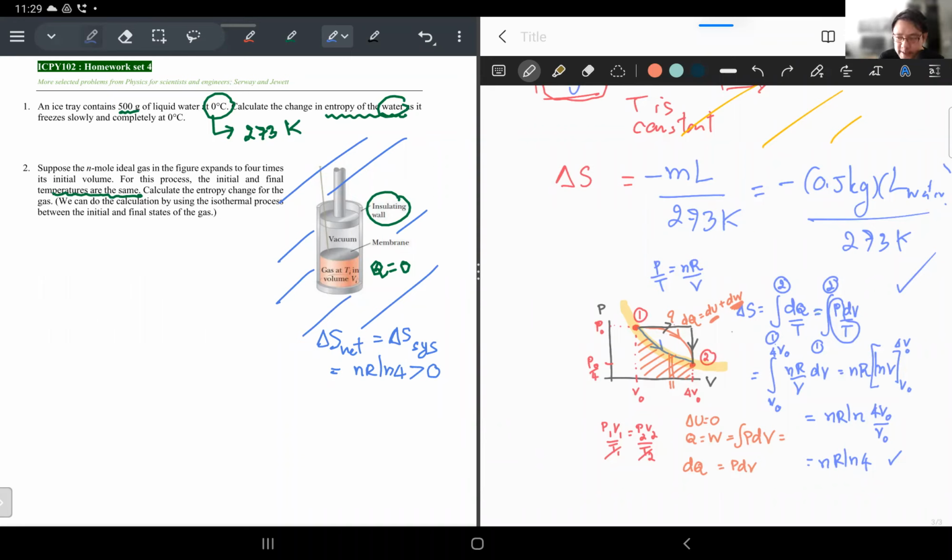Okay, and let's say that I have something very hot, super hot, and I put a lot of ice into it. What will happen? Is there a limit to how far the ice can melt?